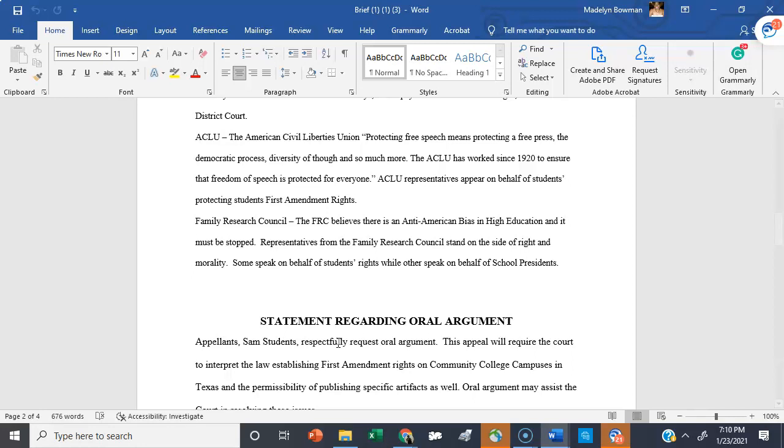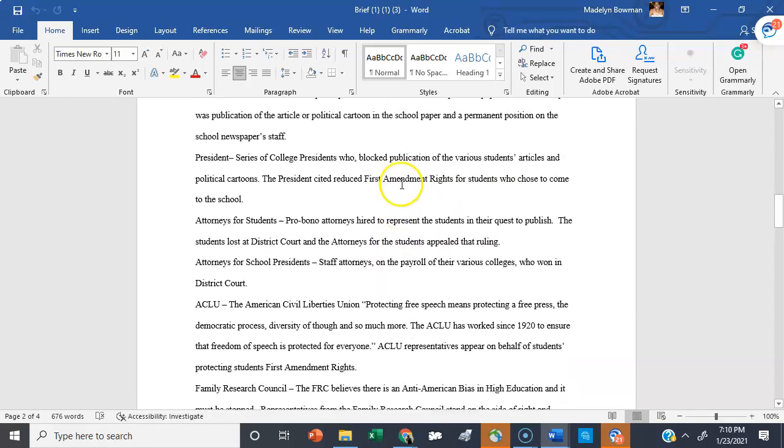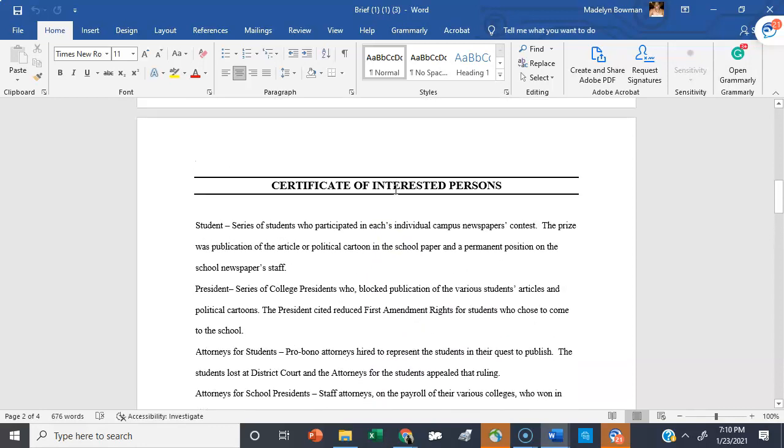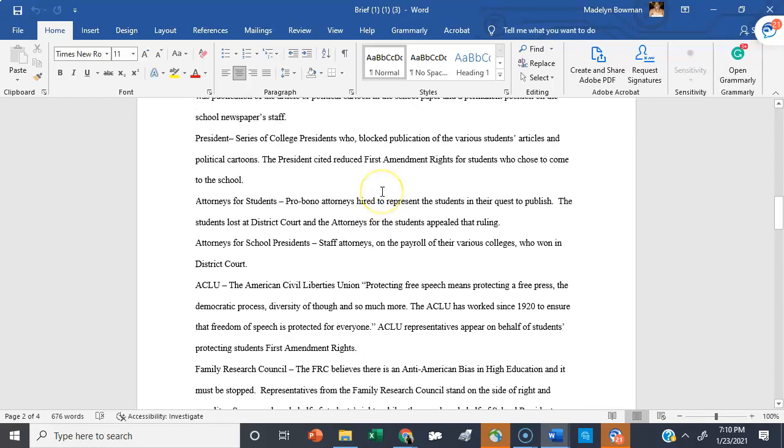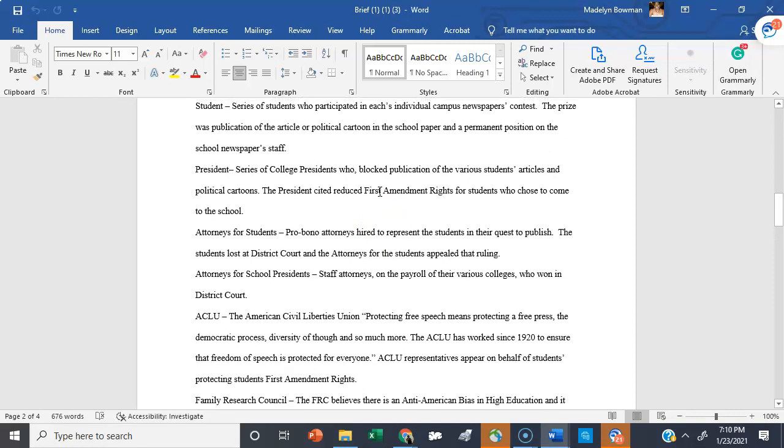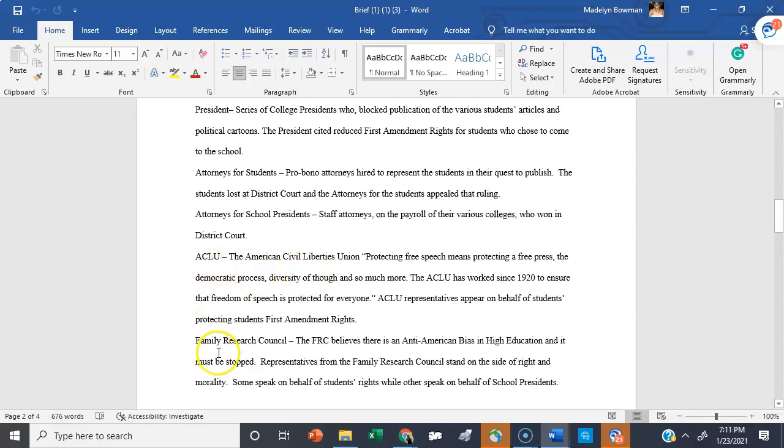So the judges are going to come up with questions for the attorneys and the interest groups that will actually be speaking. Normally in life, they wouldn't be speaking; they would just be writing a brief. But we're gonna have them speak, asking questions that they need to answer when they make their video.